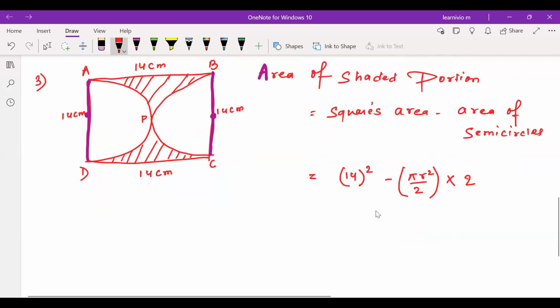R we already know, because here the diameter of the semicircle is 14 centimeters, so the radius will be 14 over 2, that means 7 centimeters. We have two exactly same semicircles, so we write area of the semicircle into 2. Once we do the subtraction, we will get the area of the shaded portion. Is it clear to both of you?